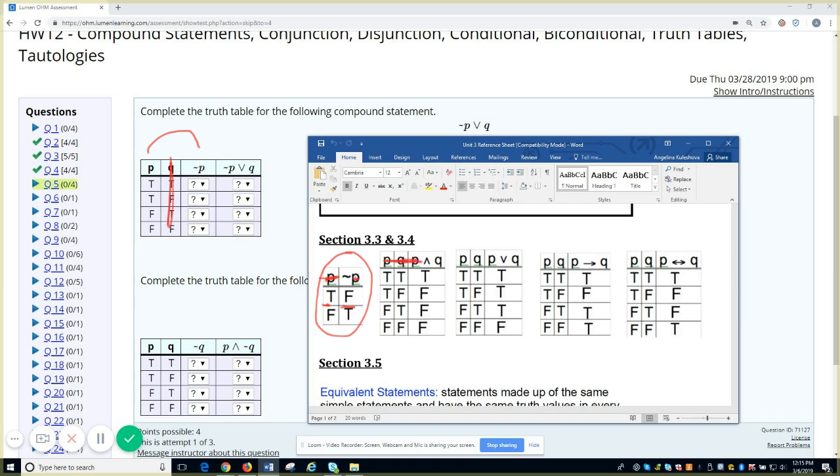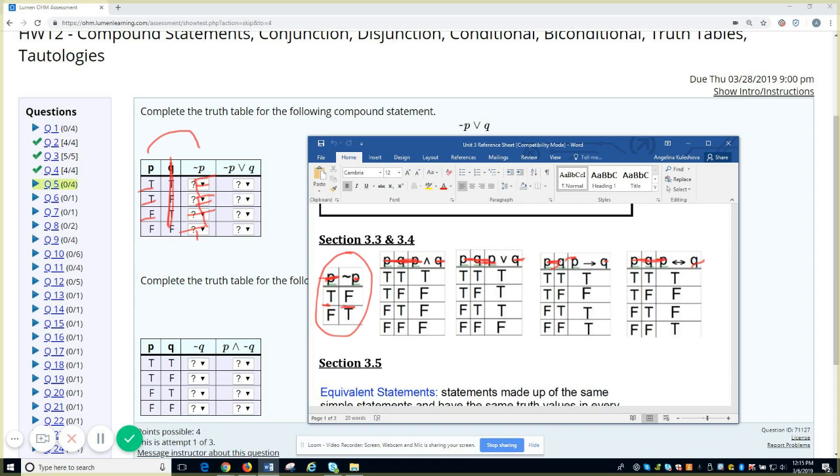So I can erase the lettering here because the letters don't have to match for any of these. All right. So anyways, the negation is pretty easy because your trues become false and your falses become true.